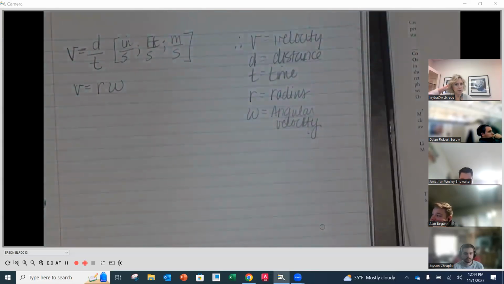Now, for the first three, we already have their units down. We know that distance is going to be inches, feet, meters, kilometers, miles, stuff like that. Time is going to be seconds, minutes, hours. Those are familiar to us. So velocity has to be distance over time: inches per second, feet per second, meters per second, kilometers per hour.